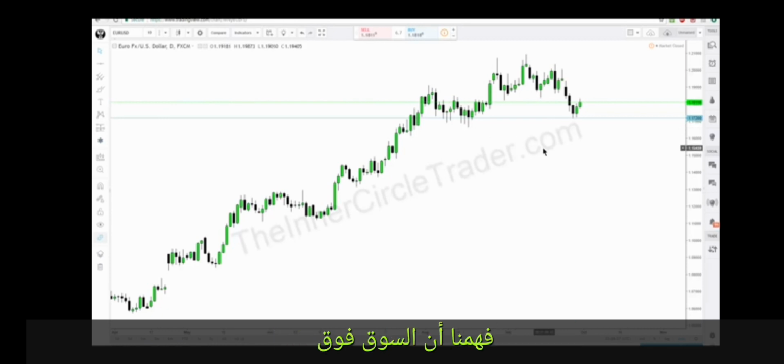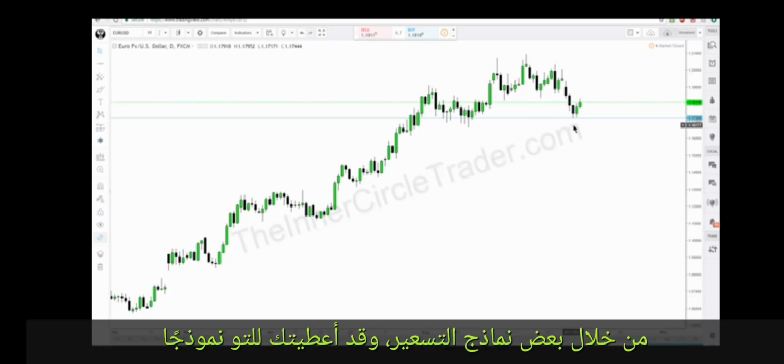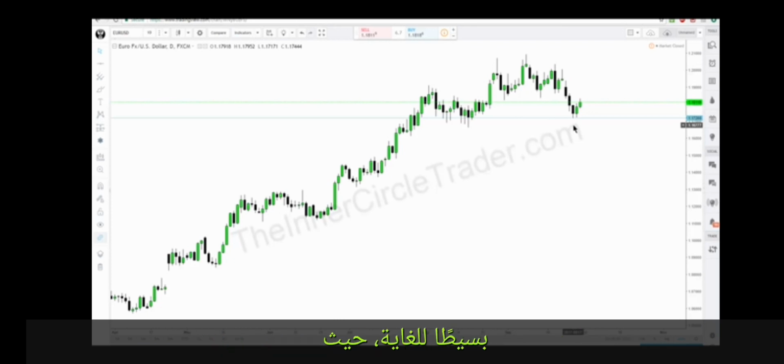So if we understand that the market is above this 20 level, when it trades down into it, we should see the market trade into a support level. That support level is going to be defined by some pricing model, and I just gave you one that's very simple.